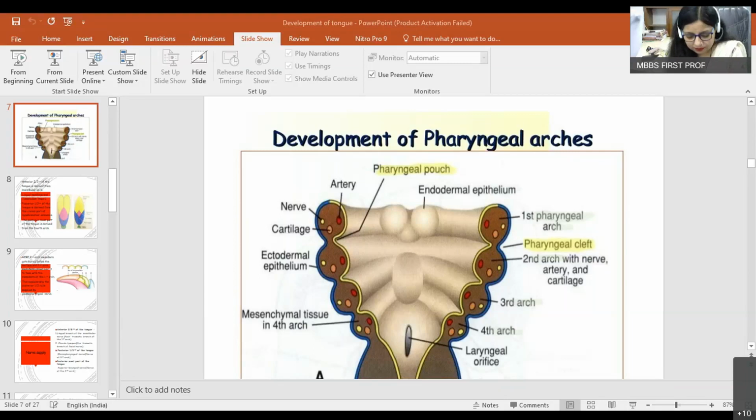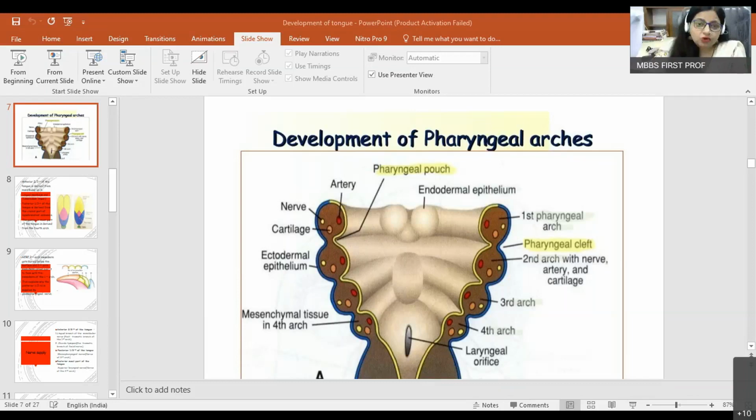Okay, let's move further. Talking about anomalies of the developing tongue. Anomalies happen when the two lingual swellings are not able to fuse with each other, or they are not able to fuse with the rhomboid shaped structure, that is tuberculum impar, or with the posterior 1/3 of the tongue.